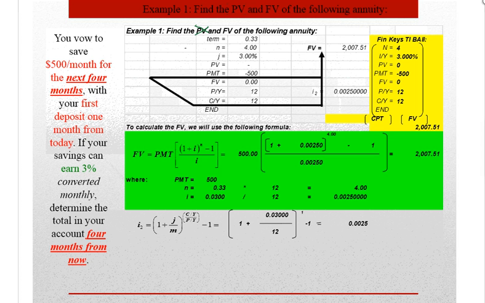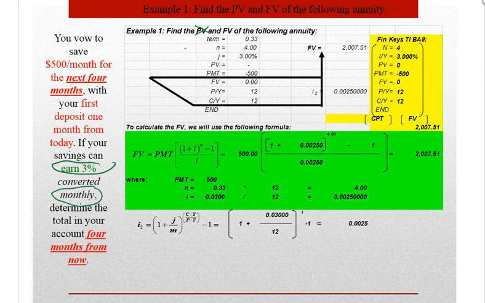Now let's take a look at the first example. Find the future value of the following annuity. You are saving $500 per month for the next 4 months, and the interest rate is 3% compounded monthly. So we'll see that P over Y is equal to C over Y. Therefore, use I in the formula.